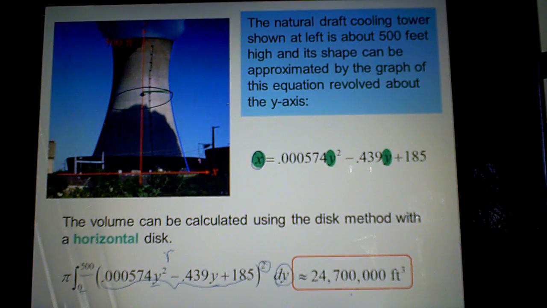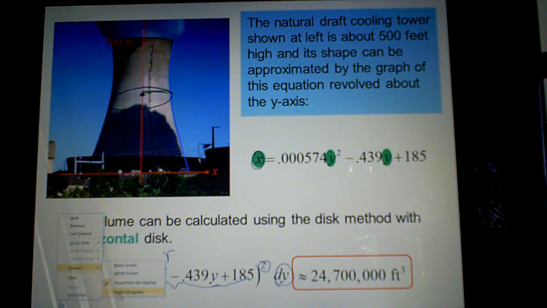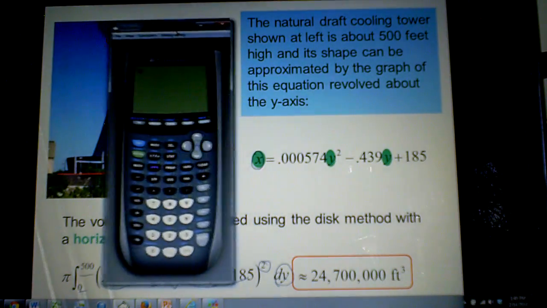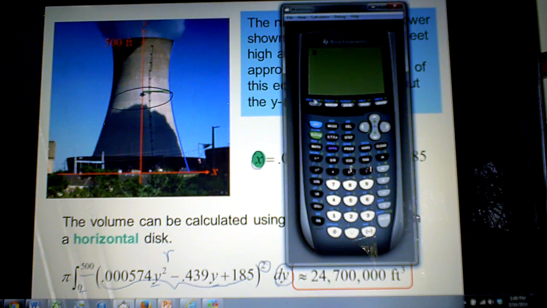But I wanted to show you on my calculator, even though all this stuff is in terms of y, here's the equation in y1, right? Notice I have x squared minus x stuff squared, right?